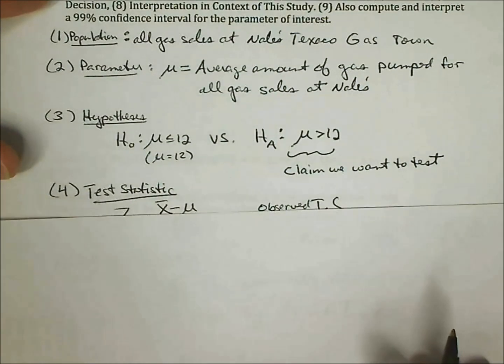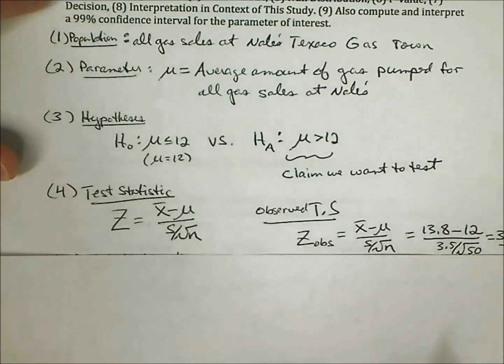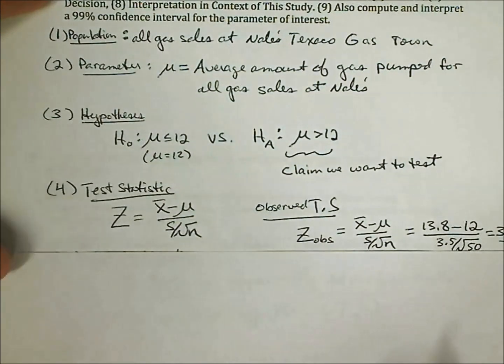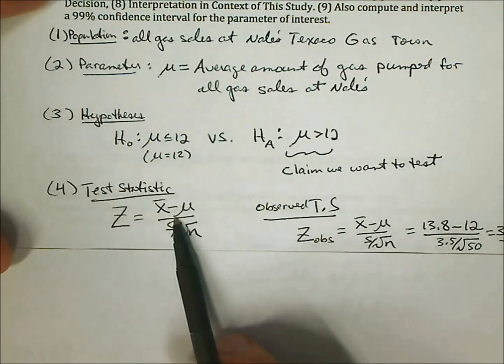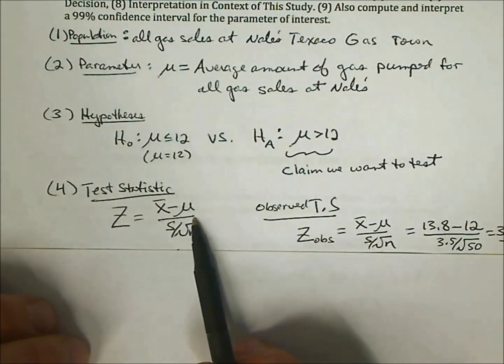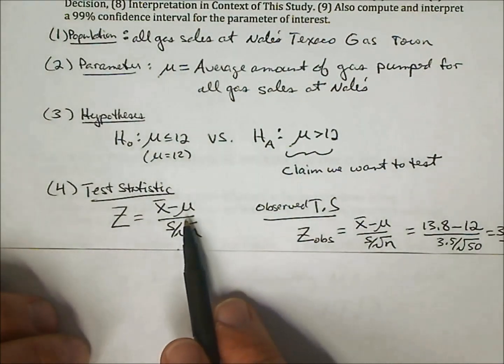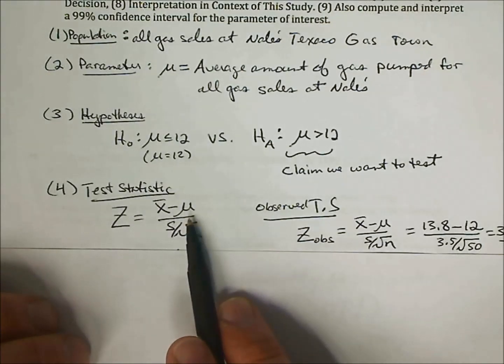All right. Step 4, our test statistic is going to be a z-test statistic. We can apply this test statistic because our sample size is large. All right, we've got 50 data points from this sample. There were 50 sales that were observed. And so we're going to apply this test statistic and see in step 5 that the distribution is approximately normal.